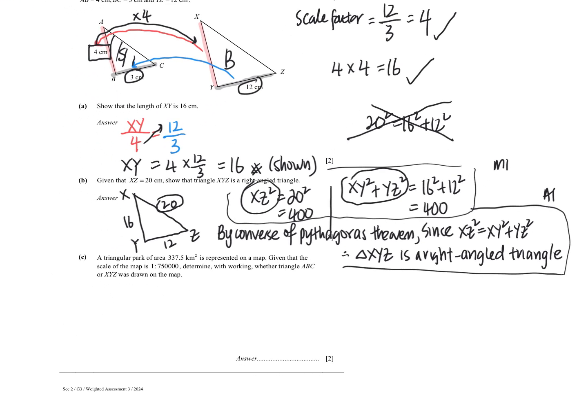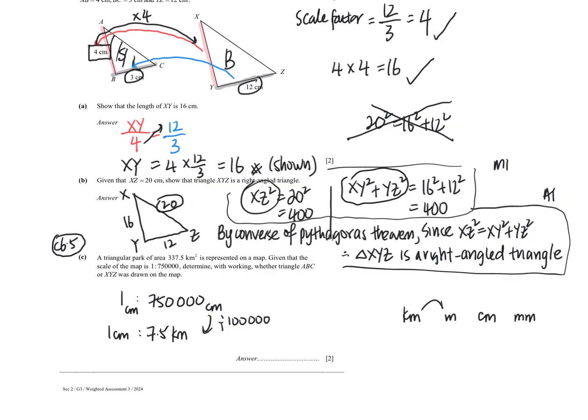Okay, next one. This one is 6.5 map scales. Okay, so they tell you that the scale is 1:750,000 cm. So actually 1 cm is 7.5 kilometers because divide by 100,000. So I told you all before, if you have forgotten about this, please note down 1,110. Opposite is divide.